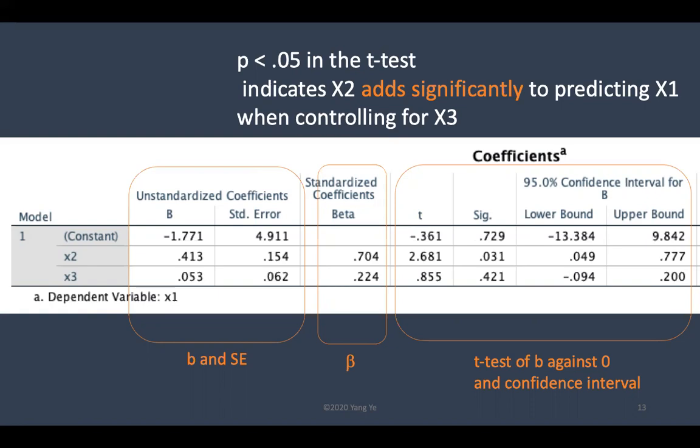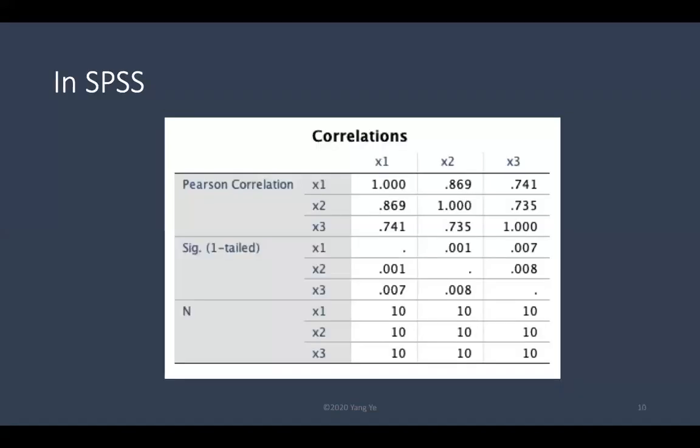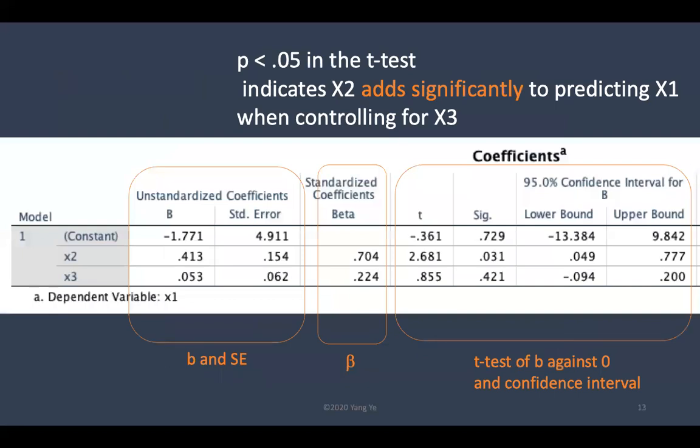This is a little bit different from what we saw earlier, because the zero-order correlations of the three variables are all significant and pretty high. But once you've included x2 and x3 both in the regression model, the coefficient for x3 becomes non-significant.